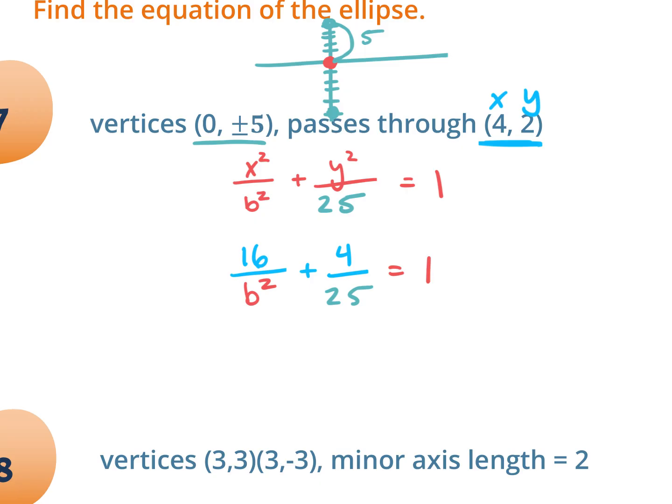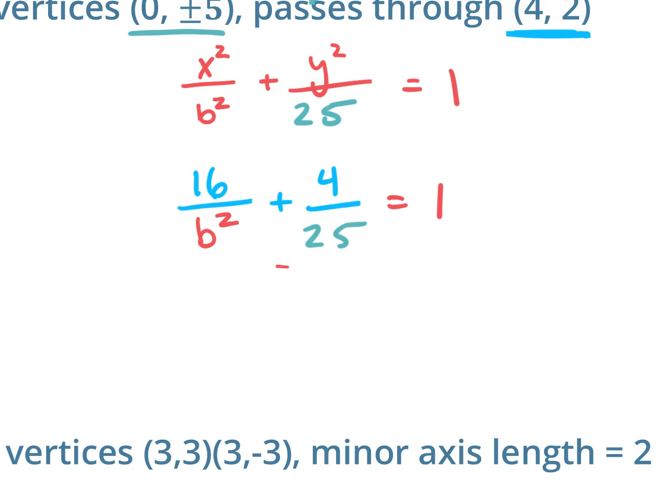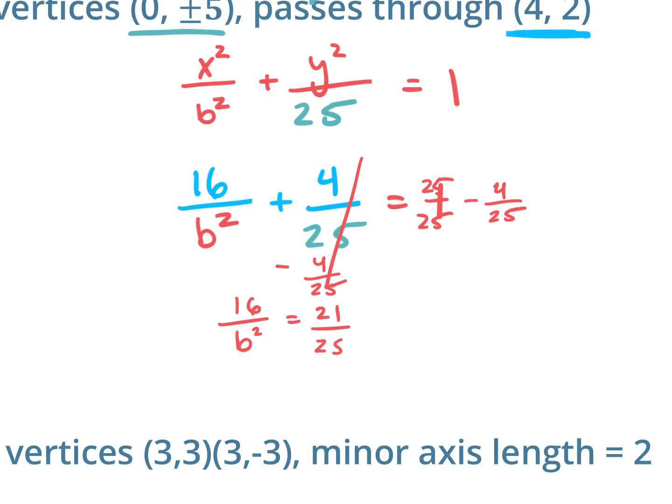How could we solve for B? Awesome. Let's subtract 4 over 25 to move it to the other side. So we have 16 over B squared equals, we need a common denominator here, so I'm going to make this 25 over 25. When we subtract 4, that would give us 21 over 25. We can't simplify yet, so we just cross multiply.